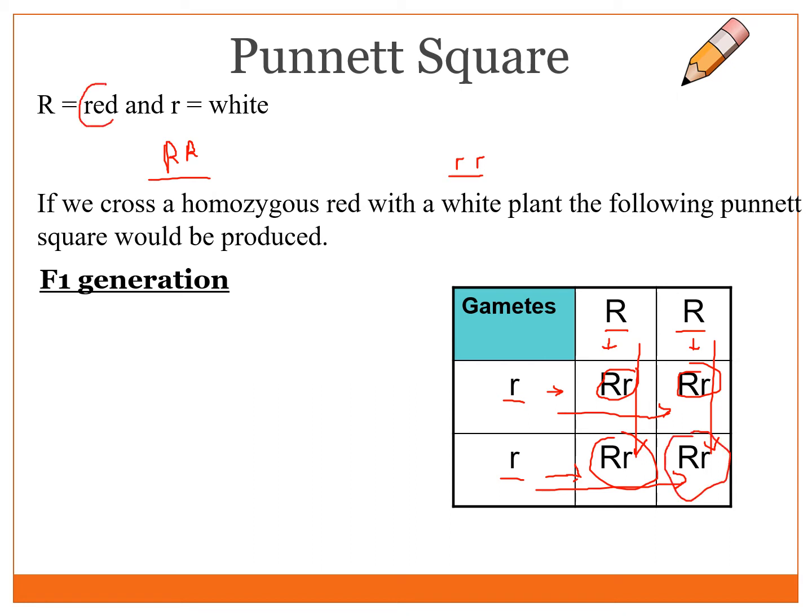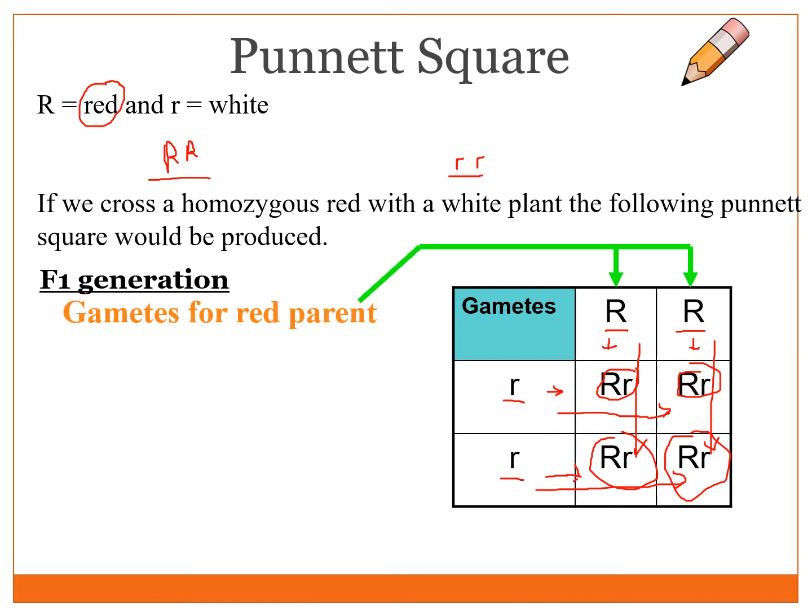So notice if you cross two homozygous that are different, so one dominant and one recessive, you always get all offspring that are heterozygous dominant. So that's your gametes for your red parent and your gametes for your white parent.